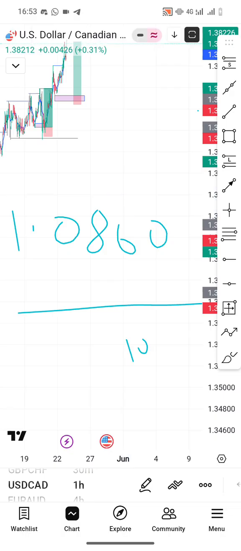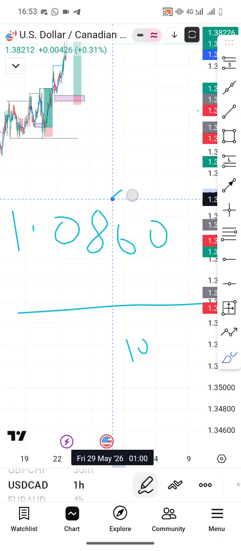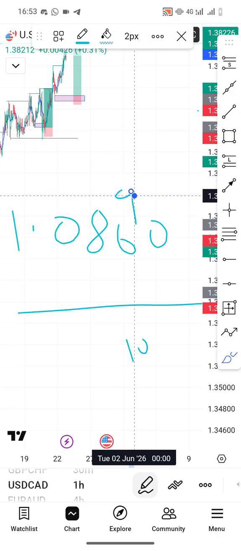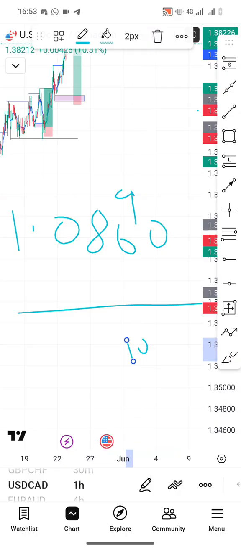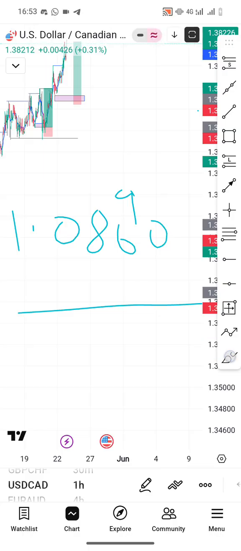If this market moves from 6 to 9, that's a 30 pip move.